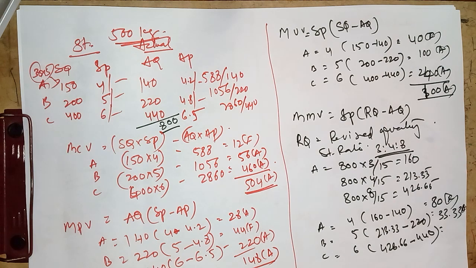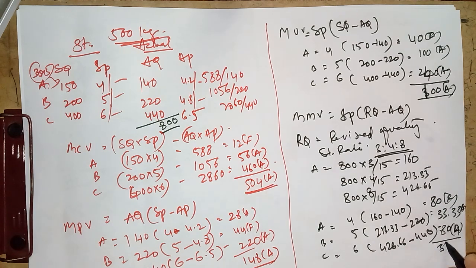Then 426.66 minus 440, into 6 is equal to 80 we are getting, 80 A. So 80 A plus 33.33 A, sorry, 33.33 A we are getting, adverse.